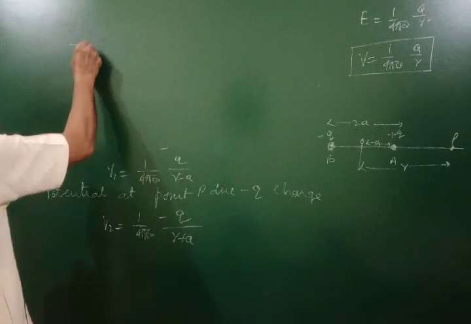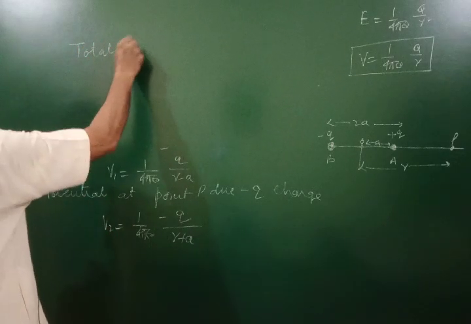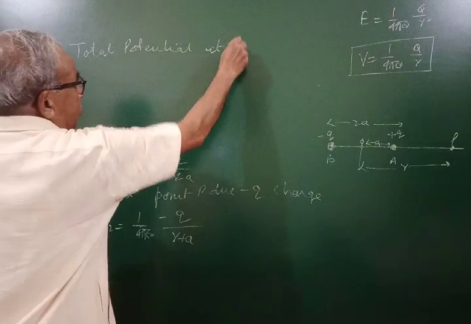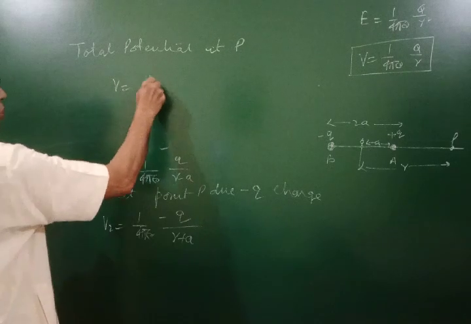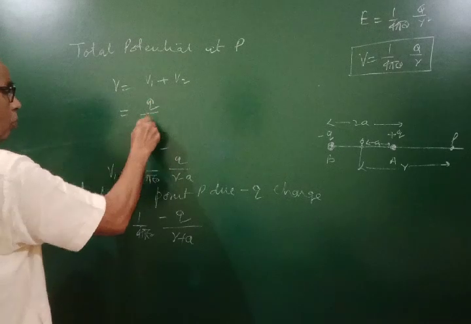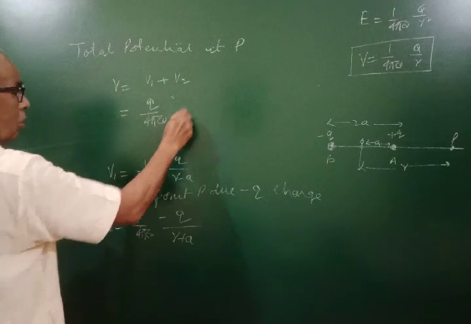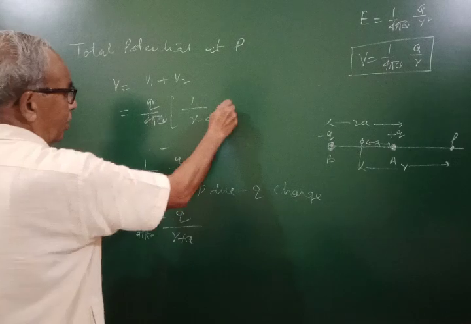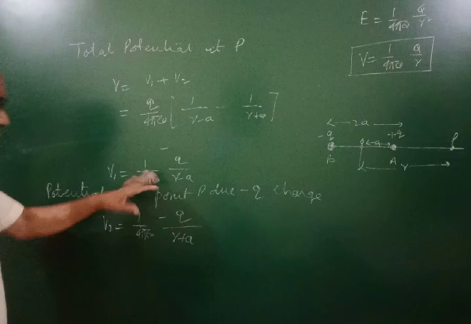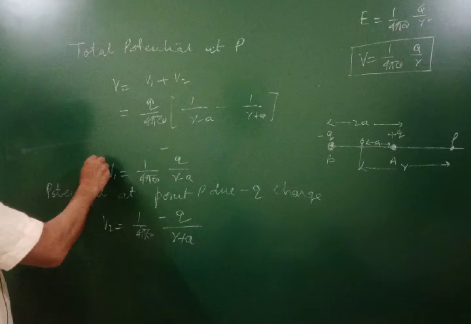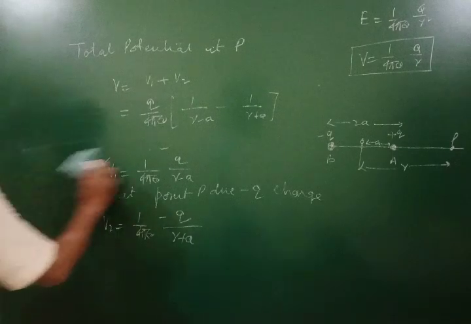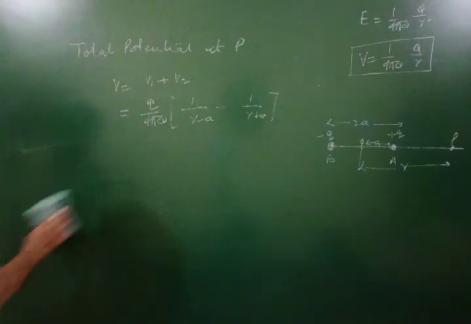So the total potential at P, V equal to V1 plus V2. So the simple expression is q upon 4 pi epsilon 0 common, 1 upon r minus a minus 1 upon r plus a. The physics involved has actually been applied here; now it is simple mathematics to obtain the result.